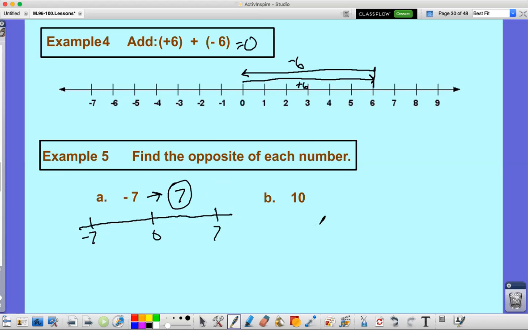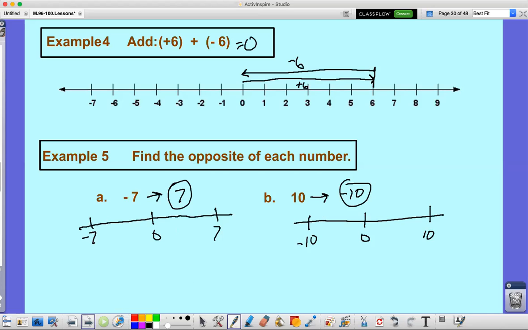Hopefully you can see that it's just 7. Same with this one. If you're on a number line and you got 10, and you have 0 in the middle, and then you have to have something over here that's equally distant as 10 is from 0. The opposite would be a negative 10 in this case. Okay, and you could see that on a number line. If you had a number line with tick marks, you'd be able to see all those things.